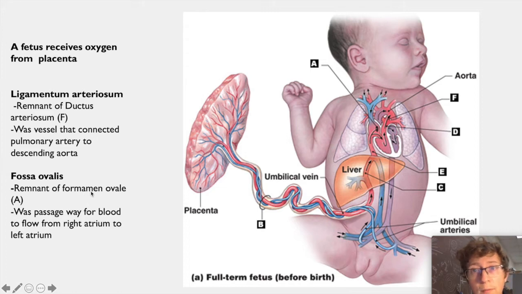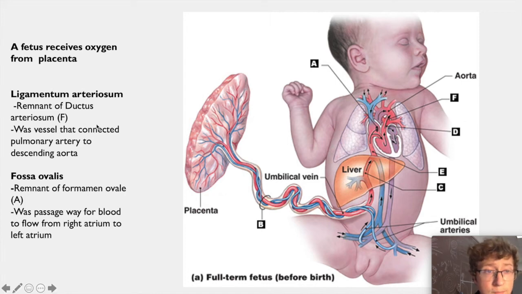So we already had a foramen ovale on the sphenoid bone. So that was the oval-shaped bone that we looked at for nerves to pass through. But here we have another foramen ovale, and this is simply a hole that will allow blood to go straight over to our left atrium and then eventually down to the left ventricle and then out through the aorta.